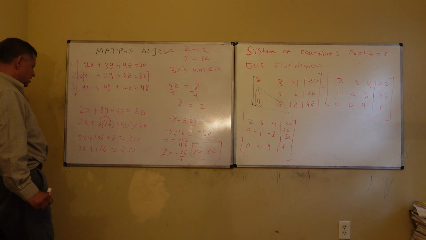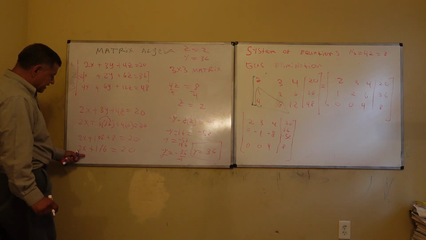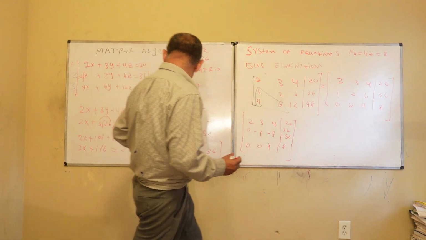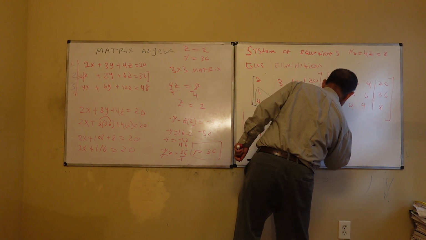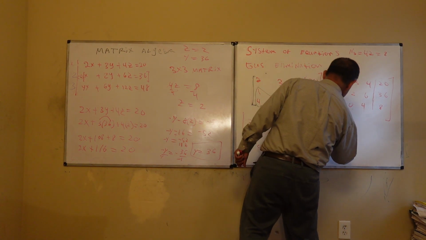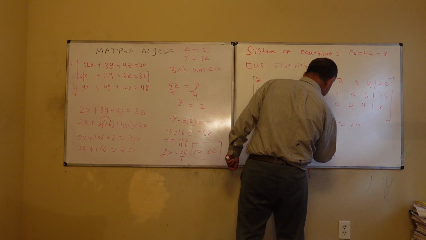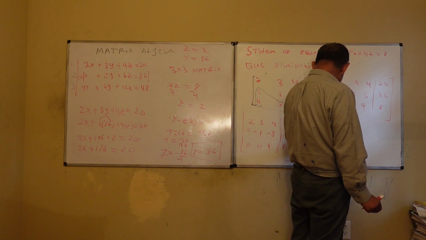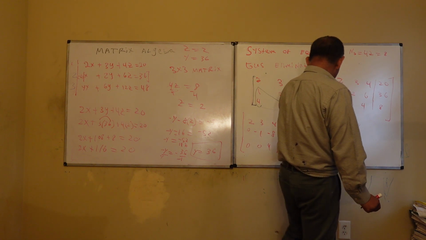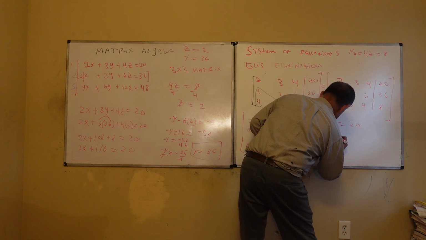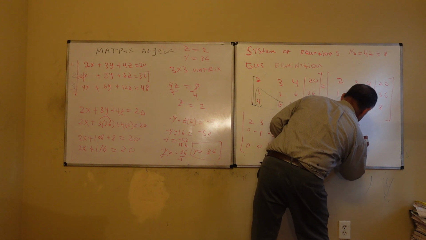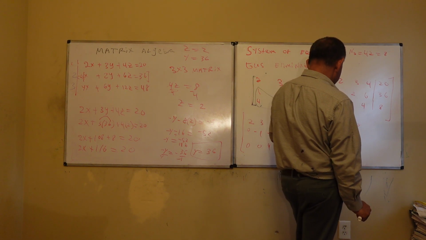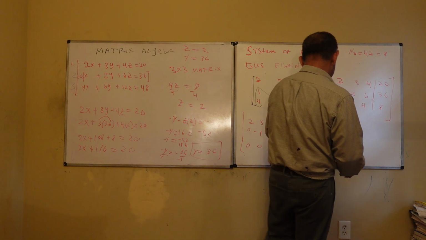After you do this mathematics, now you subtract 116 from both sides. So 2x is equal to 20 minus 116, which in this case is 96, right? So you got 96.